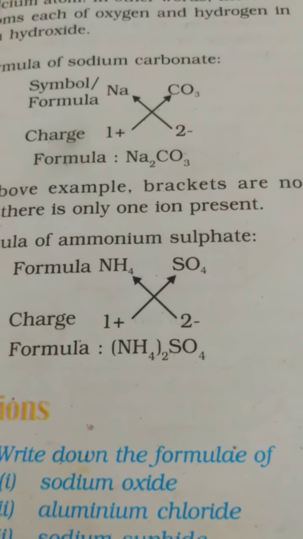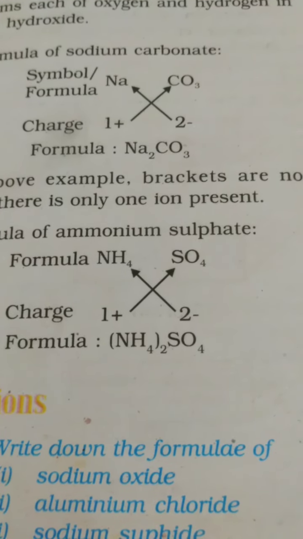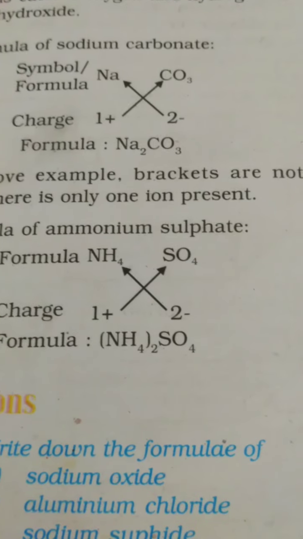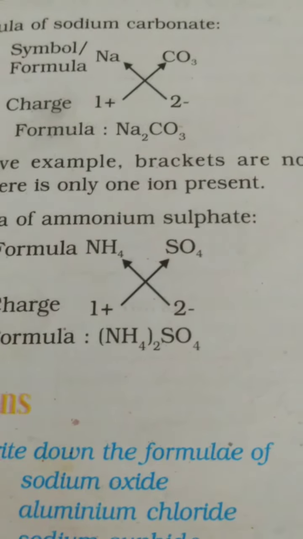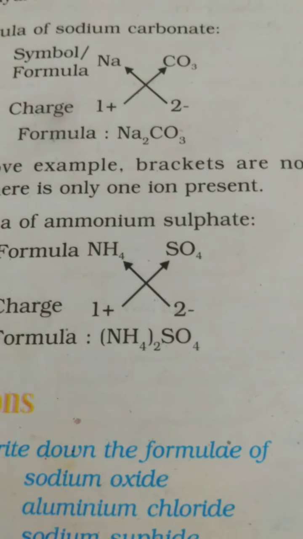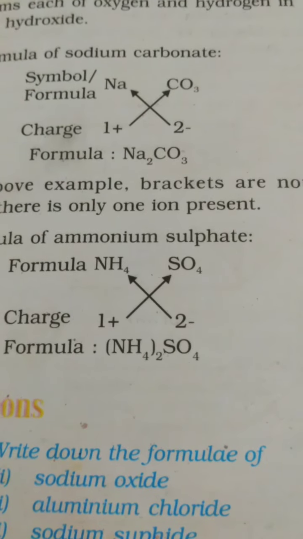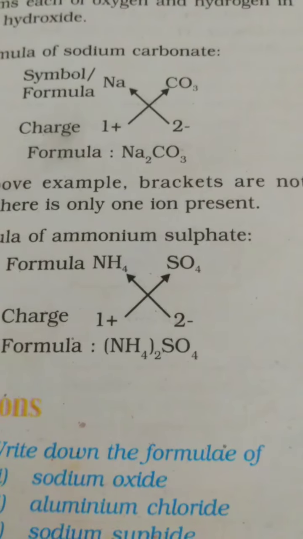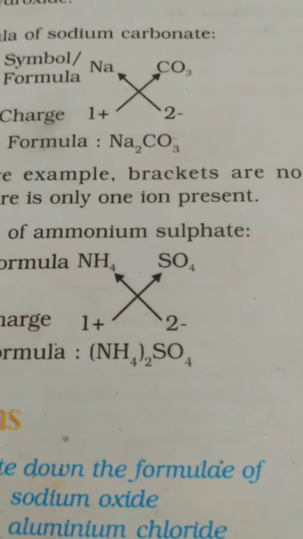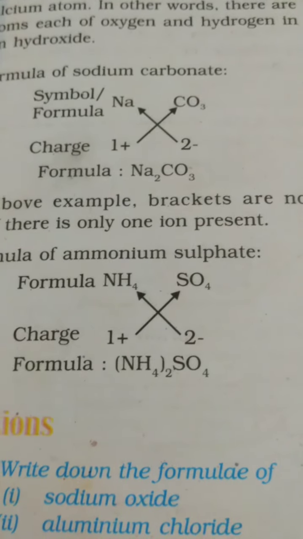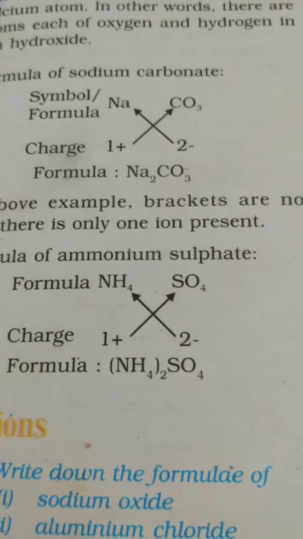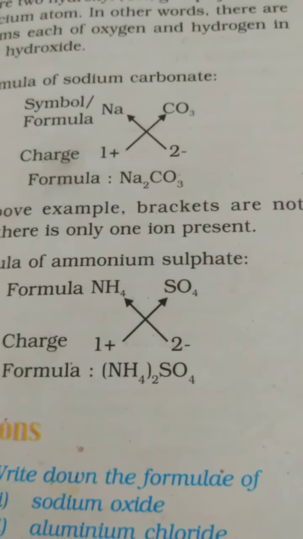That we are keeping ammonium ion in the bracket because we have to apply the valency of sulfate ion over the ammonium ion, so we are keeping NH4 whole 2, which is the valency of sulfate ion, going over the ammonium ion, and sulfate ion will get the valency of ammonium ion, which is just 1, so no need to keep it inside the bracket. The final formula became what? (NH4)2SO4, ammonium sulfate is the compound.